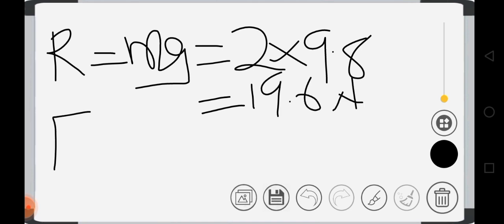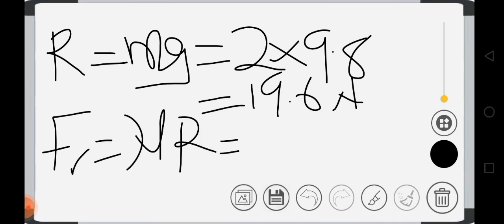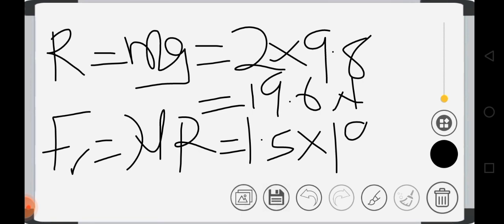And I told you the frictional force is equal to the coefficient of friction times the normal reaction. The coefficient of friction is 1.5, times 19.6.